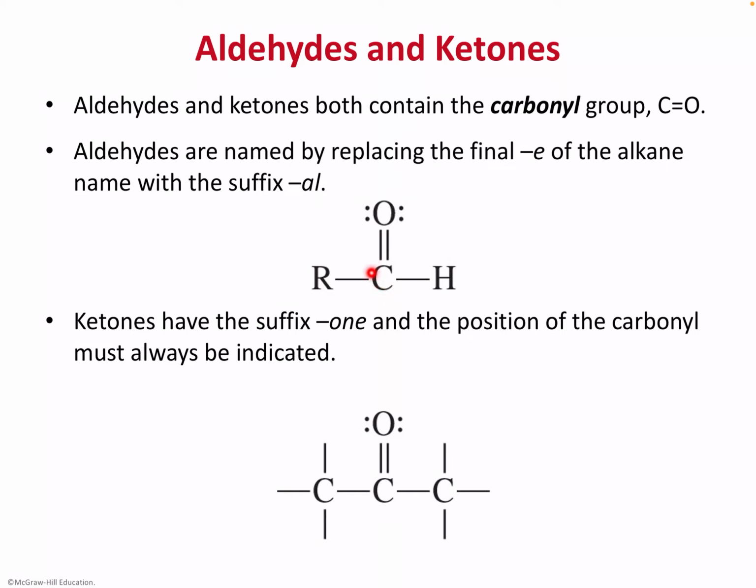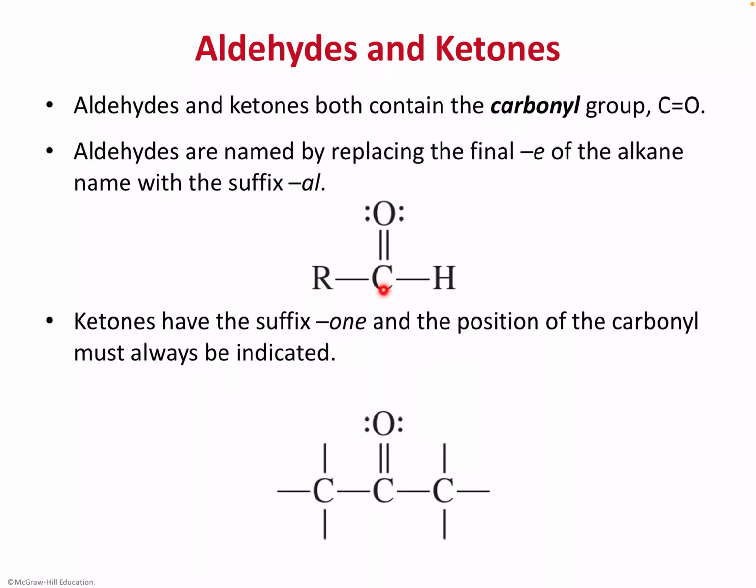So it has a carbonyl group and a hydrogen. Ketones also have a carbonyl group. Now, instead of a hydrogen, it has a carbon group. Basically, 2 carbon groups attached to the carbonyl group. They have the suffix one, and the position of the carbonyl must always be indicated.